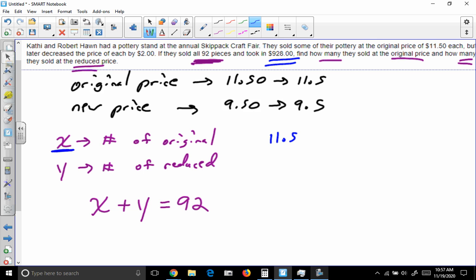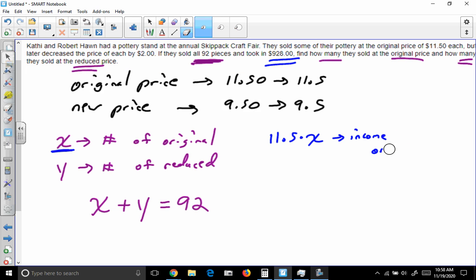We're just going to call that the number we sold at that price x. So the price times how many we sold gives us the income, let's say this, the income at the original price.